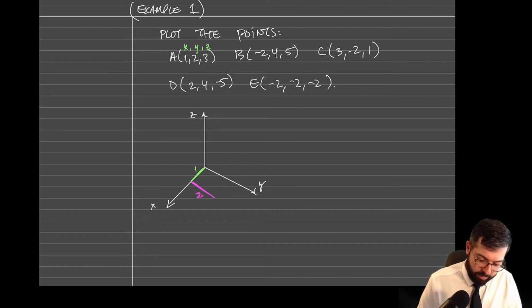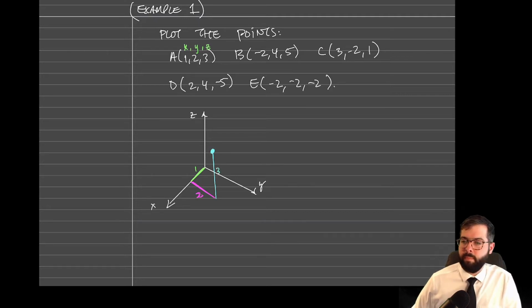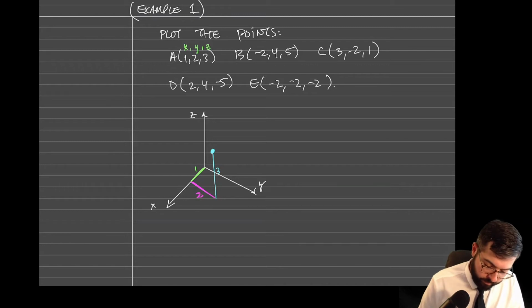And then up 3. So I come up parallel with the Z axis to this point here, and this is a length of 3. So this is the point 1, 2, 3.